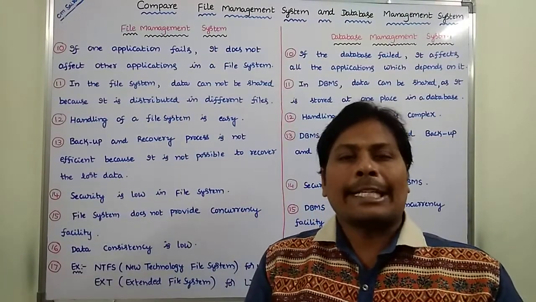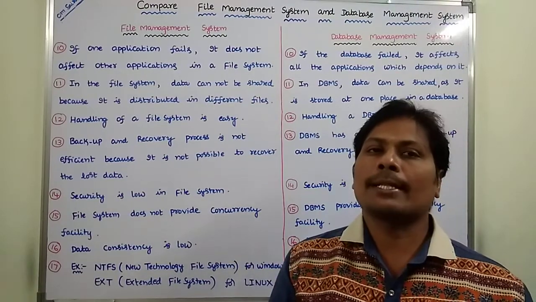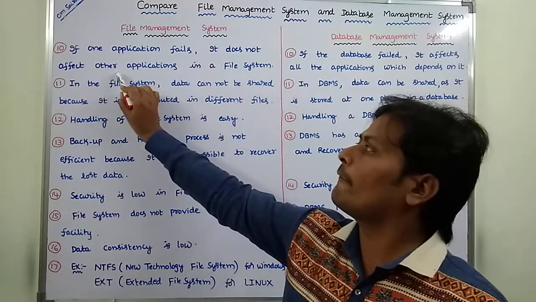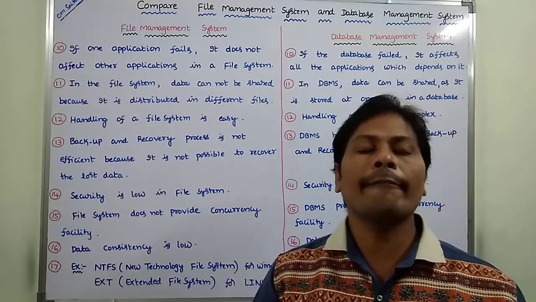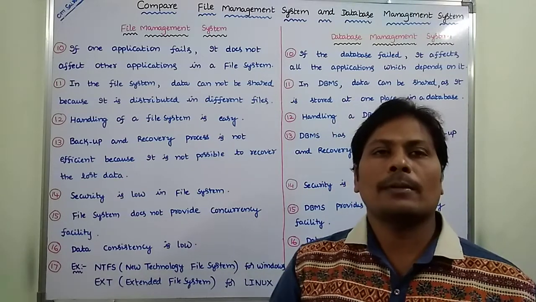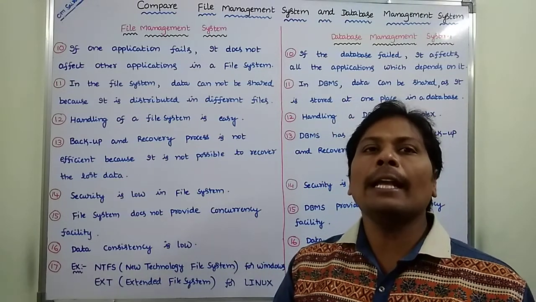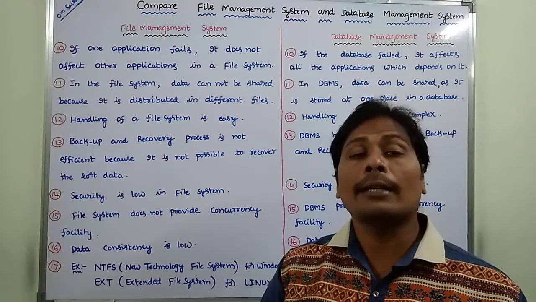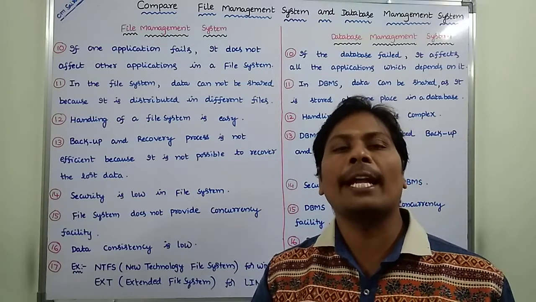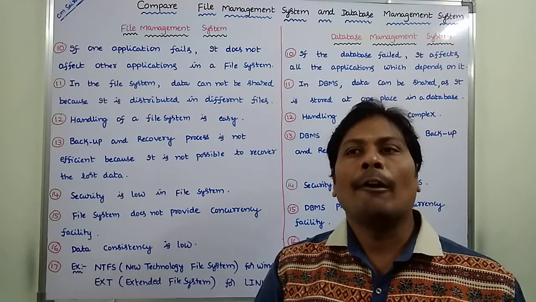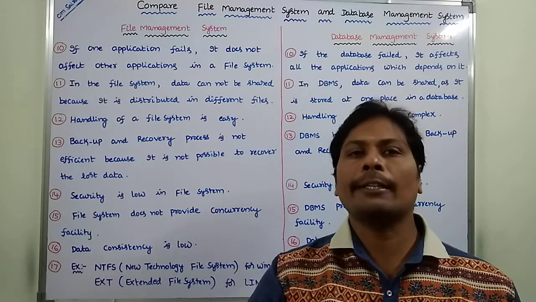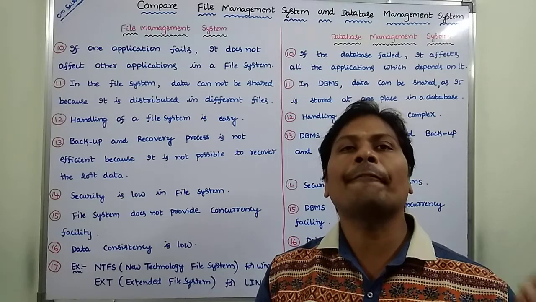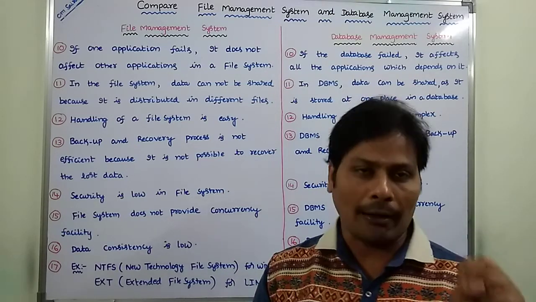Okay. Next point, in a file management system, if one application fails, it does not affect other applications. Suppose one file is lost, it does not affect other files in the file management system. That means one file does not affect the other files if any file is failed or lost.